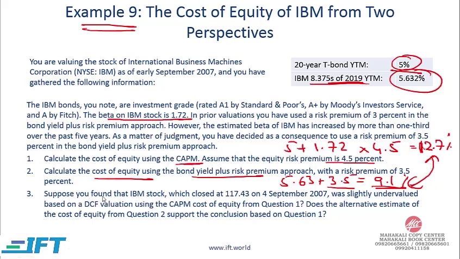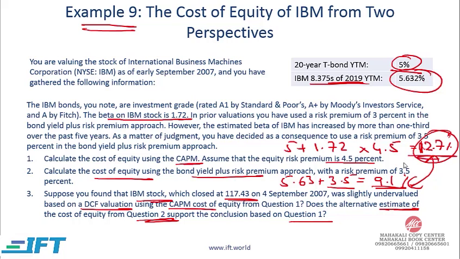Then question 3 says, suppose that you found that IBM stock, which closed at 117.43, was slightly undervalued based on a DCF calculation using the CAPM cost of equity from 1. Does the alternative estimate of the cost of equity from question 2 support the conclusion based on question 1?